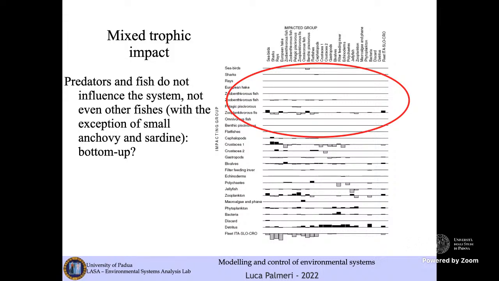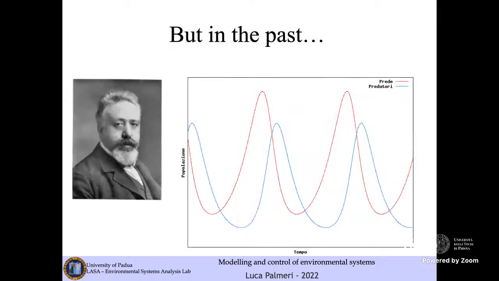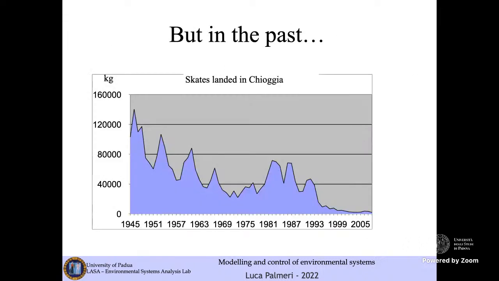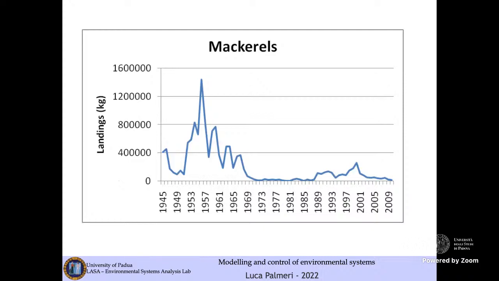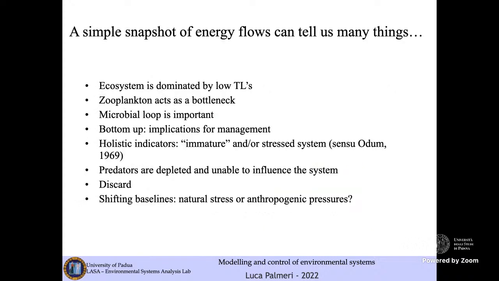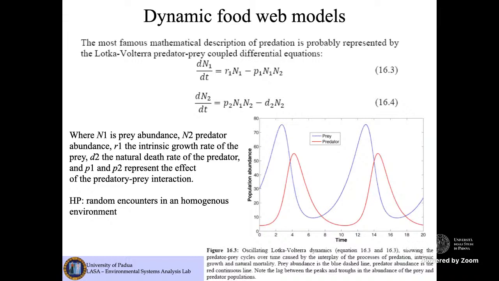For example, this is what happens with fisheries, which, for example, fishery activity, which is the higher trophic level due to catches by humans, may control the quantity of biomass of a lower trophic level organism. Okay, in the past, this is the story of Lotka and Volterra analysis of systems.